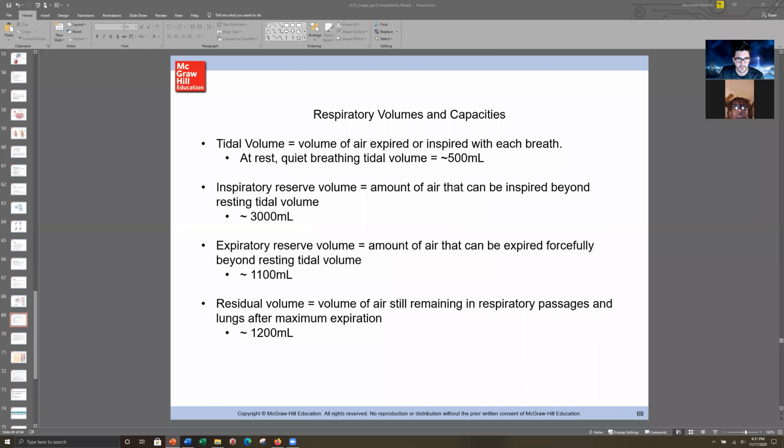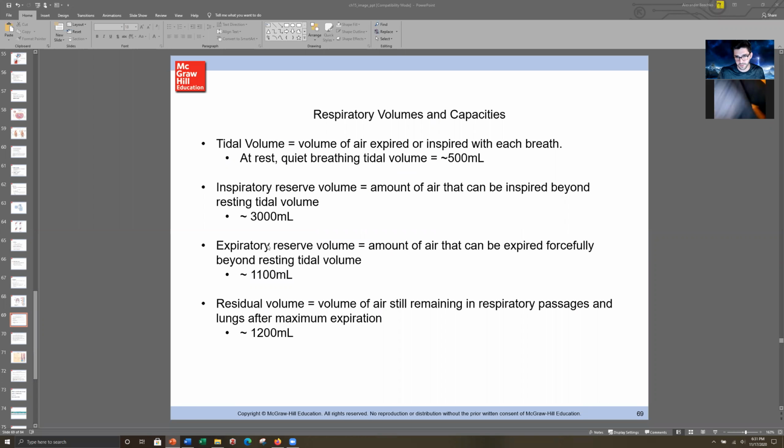Okay, so respiratory volumes and capacity. Tidal volume is the volume of air expired or inspired with each breath at rest. Quiet breathing tidal volume is approximately 500 milliliters per person, so it's fairly consistent amongst most individuals, but again, we as adults are going to have much greater tidal volumes than an infant, right?